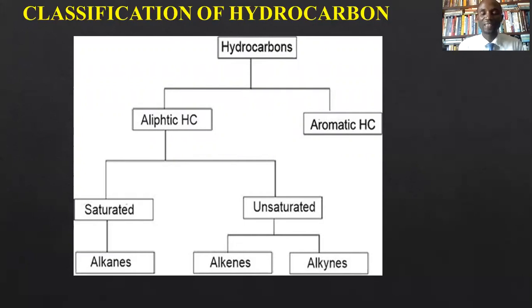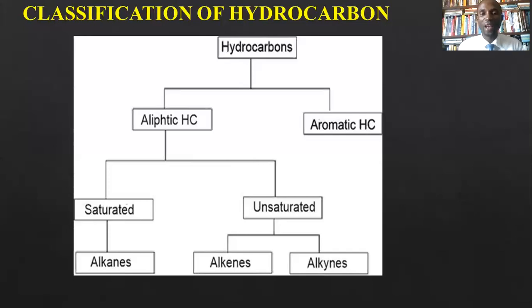Aliphatic hydrocarbons can further be classified into saturated hydrocarbons and unsaturated hydrocarbons. Saturated hydrocarbons are a family called alkanes. Unsaturated hydrocarbons are alkenes and alkynes.